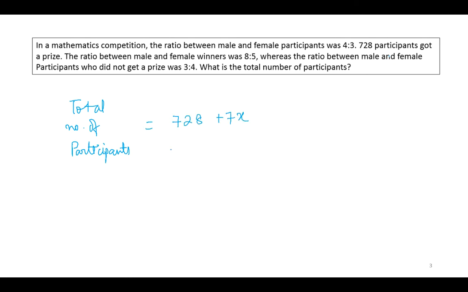Now we know that this 7x is nothing but 224. So we just need to add this, and the addition comes out to be 952. So this is your answer, and basically the total number of participants that you were looking for.